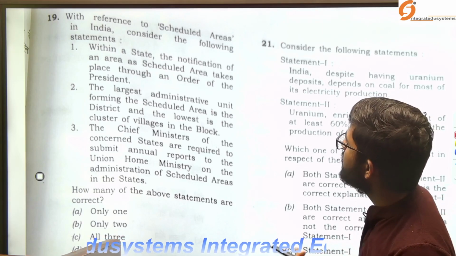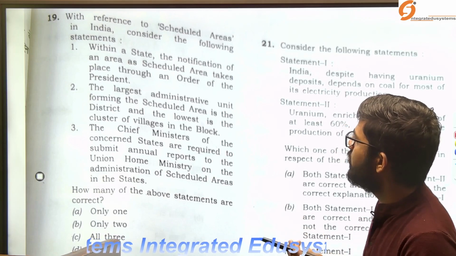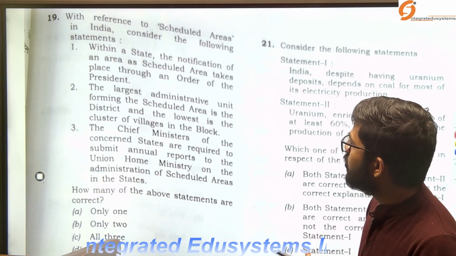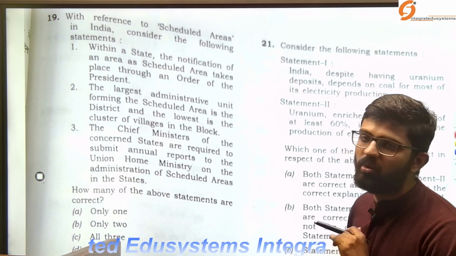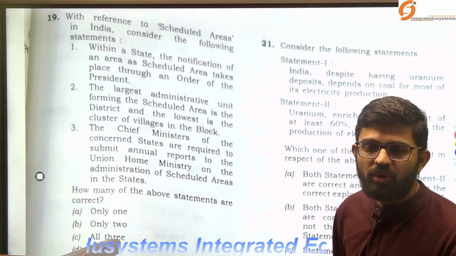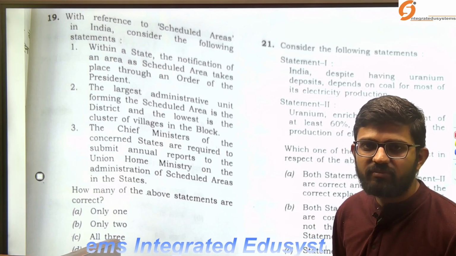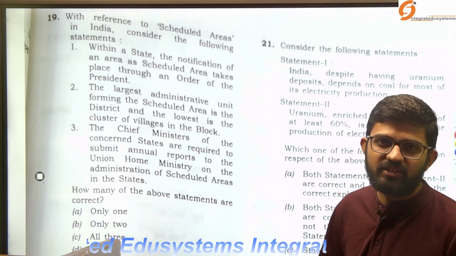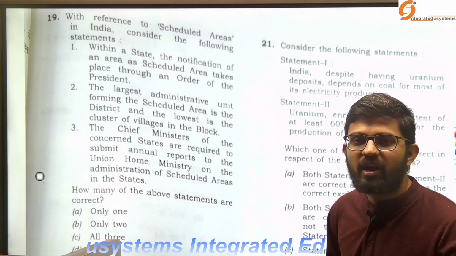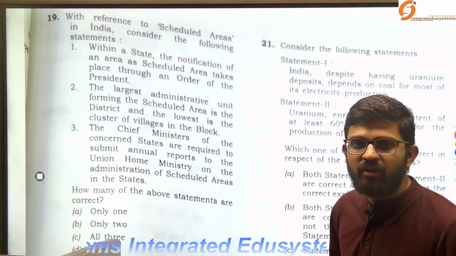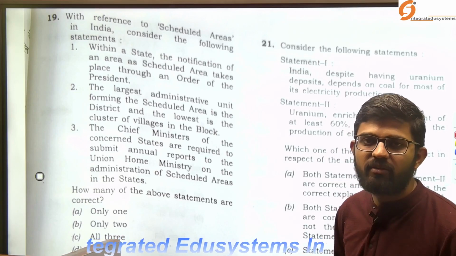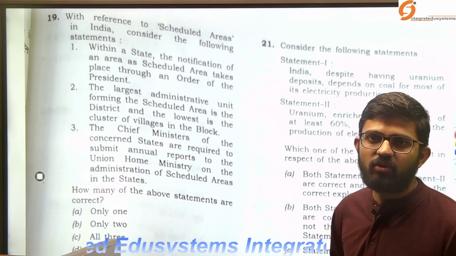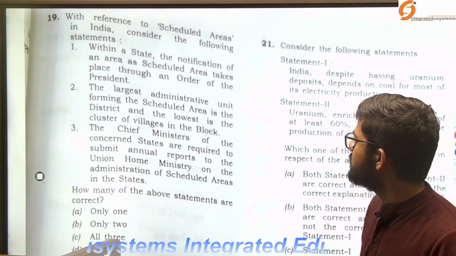Second, the largest administrative unit forming a scheduled area is the district and the lowest is the cluster of villages in the block. That is wrong. The lowest unit is the Gram Panchayat. And we even understand in the PESA Act with respect to Panchayati Raj extension to scheduled area, if Gram Panchayat is not the lowest unit, why has it been given so much power then? So definitely Gram Panchayat is the lowest unit and not a cluster of villages.